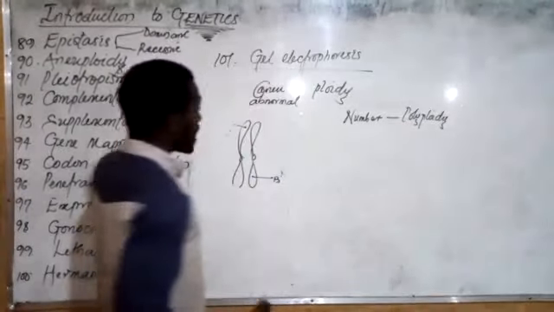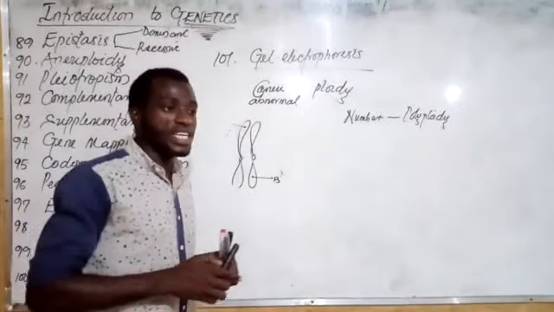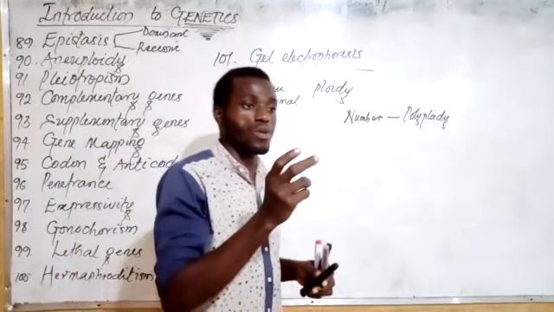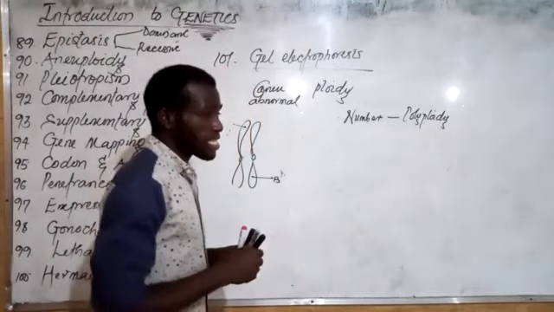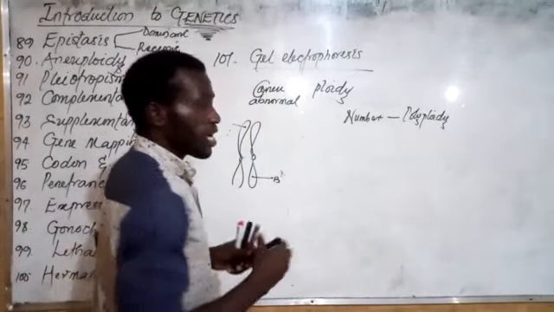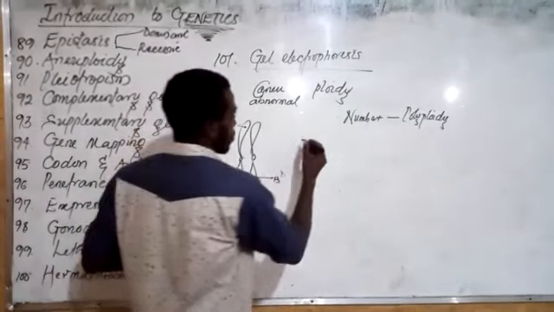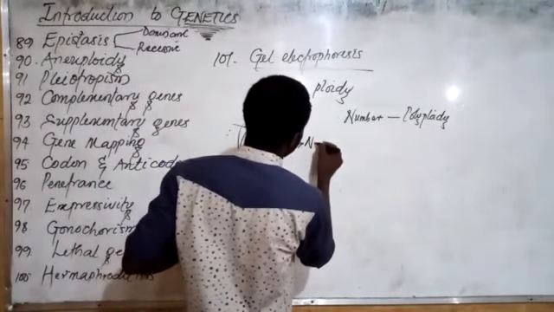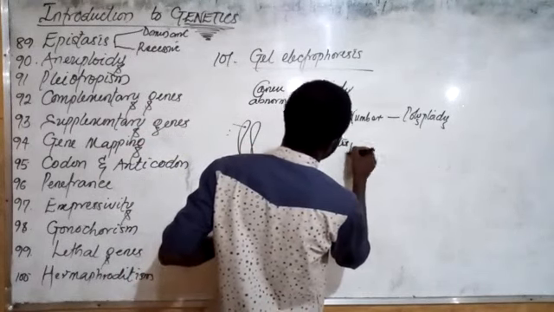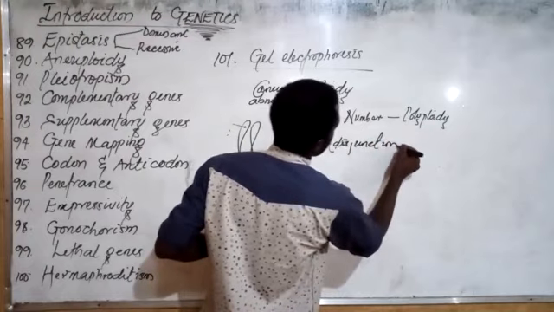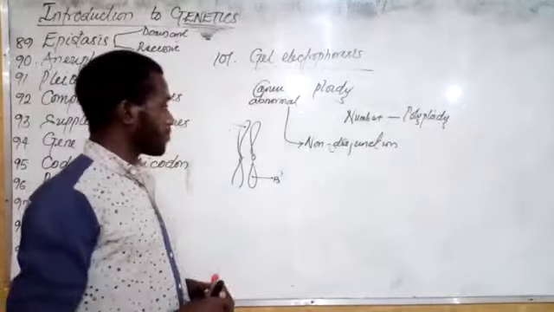But aneuploidy simply means abnormality in some of the chromosome units. It's usually as a result of two possible things, one of which is non-disjunction. This is the most common reason for aneuploidy.